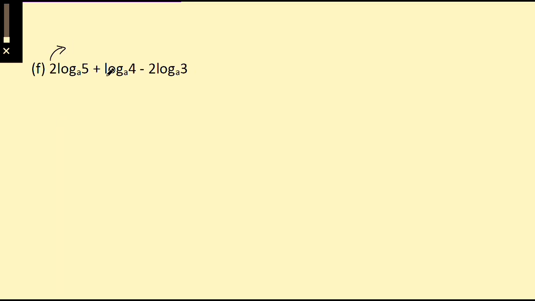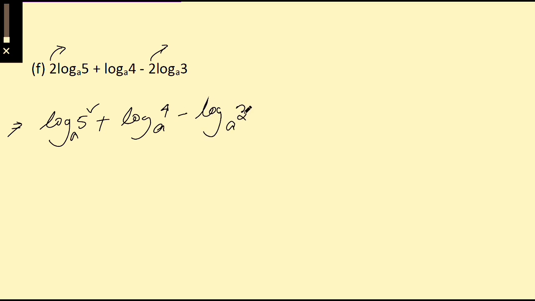Question F, we have 2 times log 5 to the base of a plus log 4 to the base of a minus 2 times log 3 to the base of a. So first we need to remove the coefficient from the log, then we can write it as log 5 squared to the base of a plus log 4 to the base of a minus log 3 squared to the base of a.